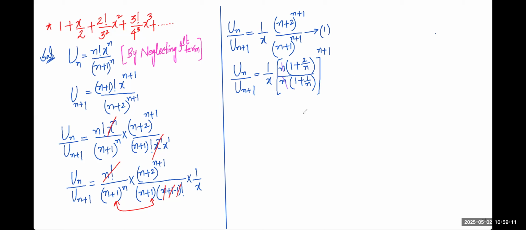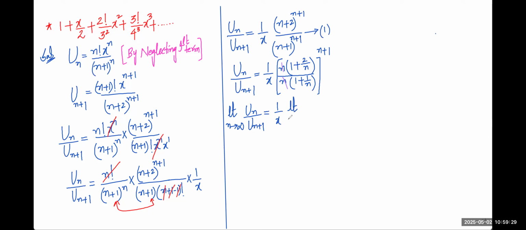After this step, we have to take the limit on both sides, limit n tends to infinity. Un by un plus 1 is equal to 1 by x. Anyhow, it is a constant already outside.